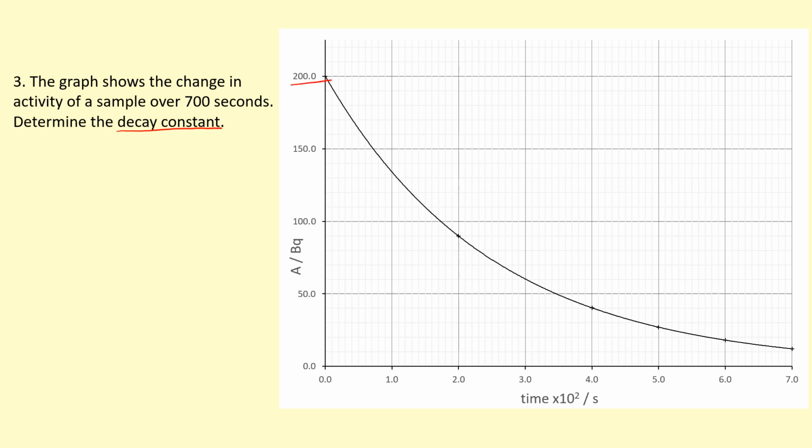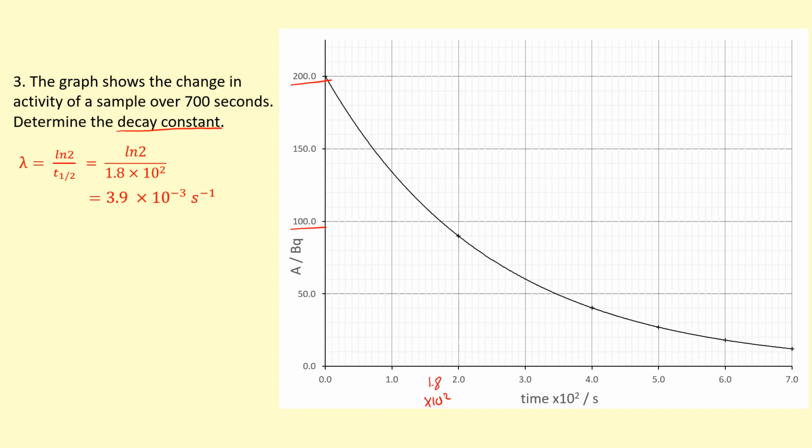But equivalently, I could go from any point to half of that activity, and that will give me the same half-life. The time it takes to go from 200 to 100 is around 1.8 times 10 to the 2 seconds. If I put that half-life into this equation, ln2 over that, I get a decay constant of 3.9 times 10 to the minus 3.